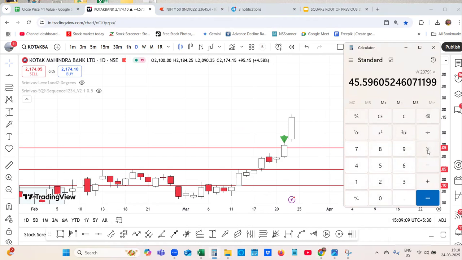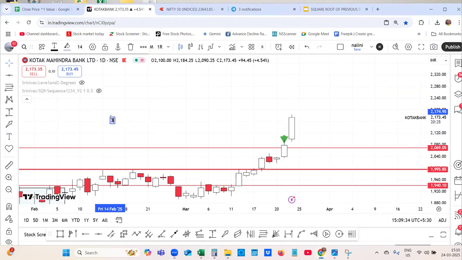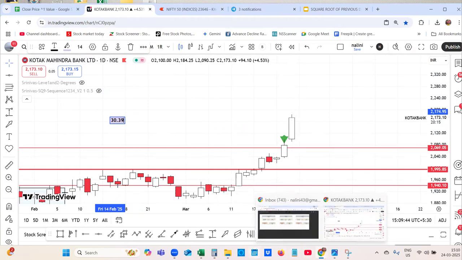I am multiplying it by 66.66, and I am getting this value. So I need to get the percentage of this. If I click on the percentage button, I am getting this value. Let me write it down: 30.39. Okay, so what is the closing price? 2079.